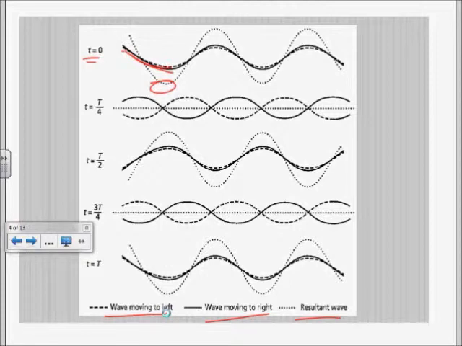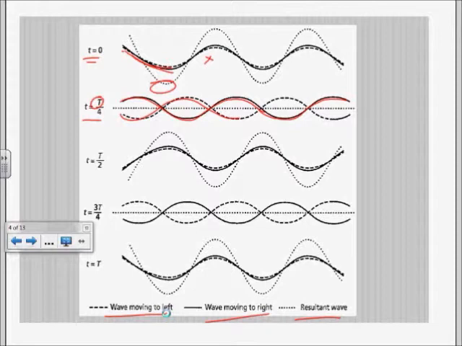And then a quarter of a cycle later, T over 4, so T stands for period. So after 1/4 of a cycle, this is probably easier to follow, I suspect, than the first diagram. That's the position there of one of the waves, and that's the position of the other wave.